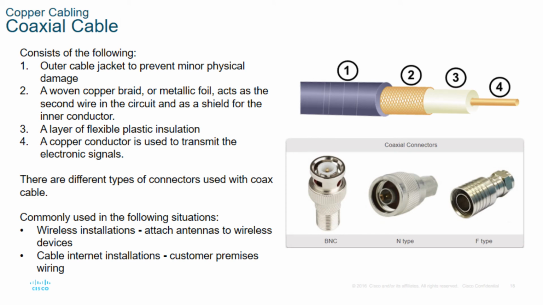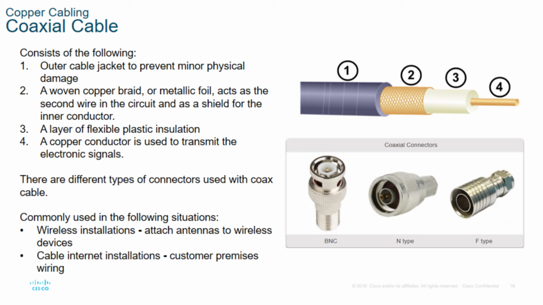Now coaxial cable. Basically, it gets its name from the fact that there are two conductors that share the same axis. A copper conductor is used to transmit the electronic signals, and a layer of flexible plastic insulation surrounds the copper conductor.